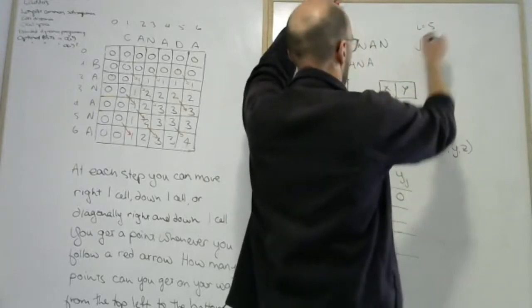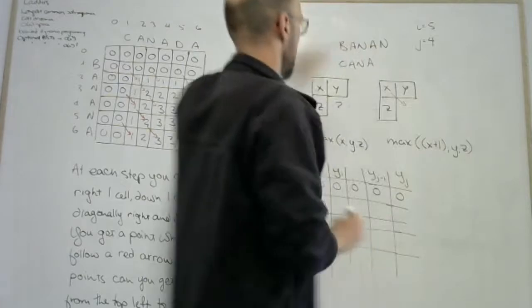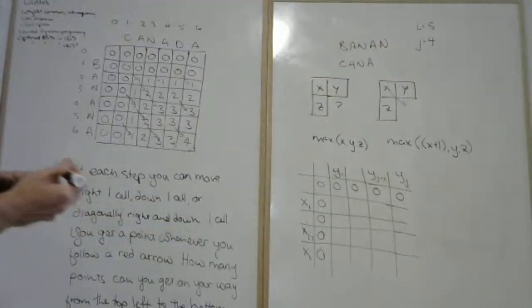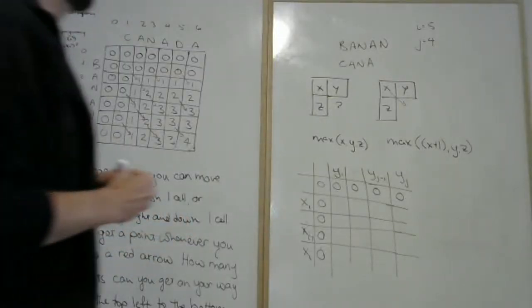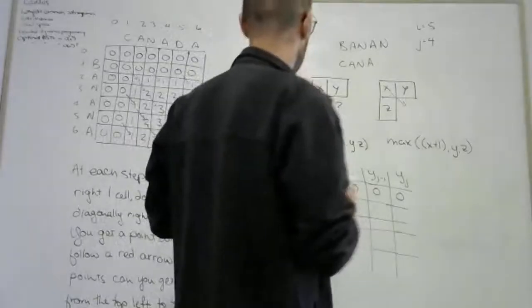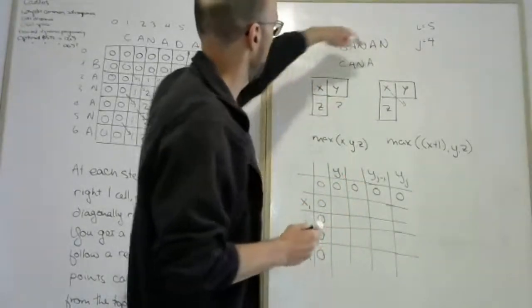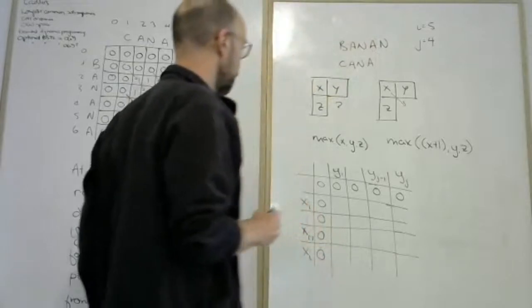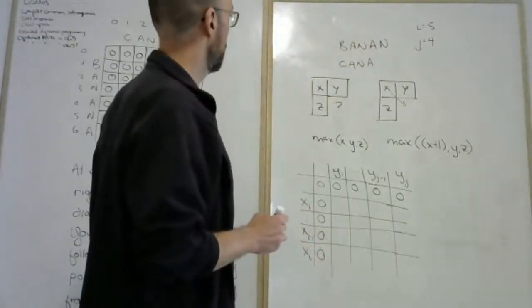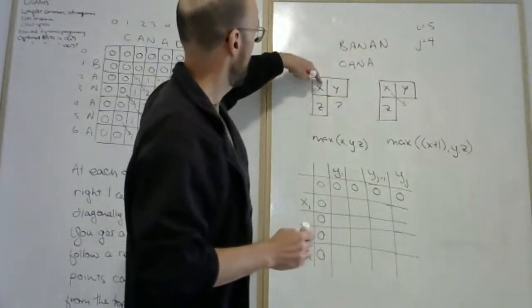J is 1, 2, 3, 4. So here, if we're in this case, because these two don't match, what is this one?